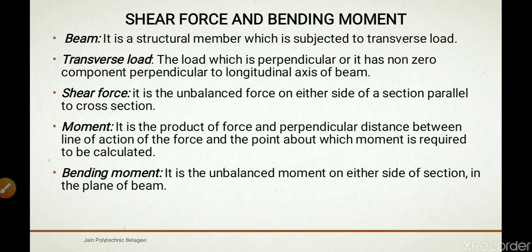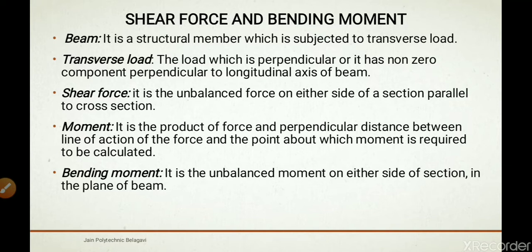So transverse in the sense, length of the beam means the longitudinal, or in lengthwise you can say. Transverse means across the longitudinal span, right?